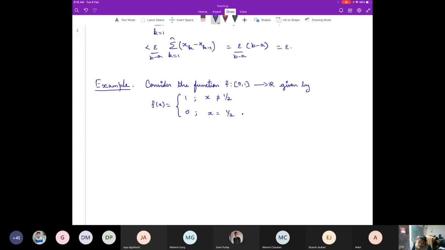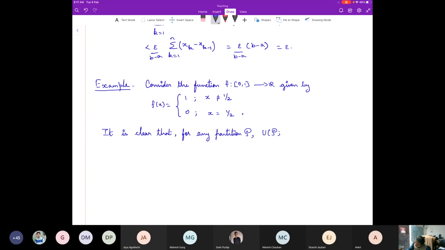So first thing that can be observed is that, for any partition you choose, for any partition P of the interval 0, 1, what will be the lower sum? Sorry, upper sum. That's what I wanted.